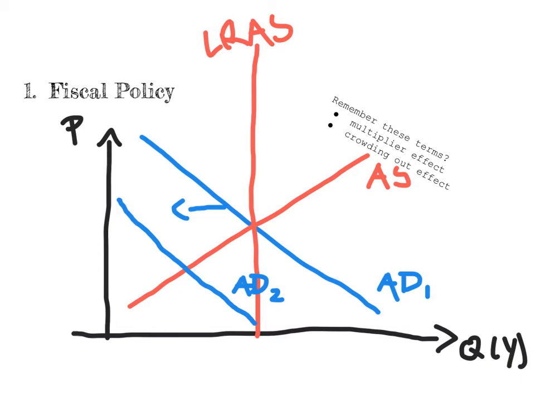So what does this result in? If we are going to figure out what the outcomes are for our economy, I'm going to do this way. We had maybe the equilibrium output here. And then what do we see here?